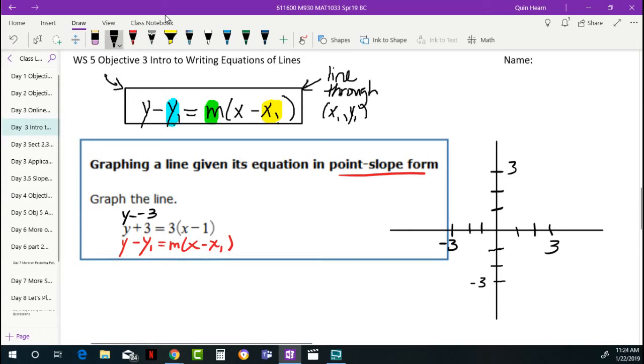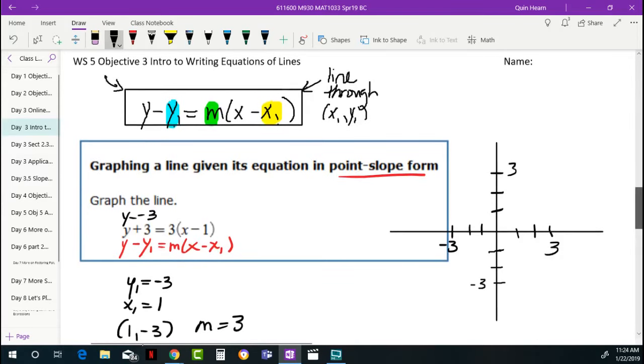So what's actually being subtracted on the left, or in other words, the y coordinate that we're looking for is negative 3. The x coordinate is just a 1. x1 is a 1. So we're being told that the line goes through the point 1, negative 3, and then the slope matches up with the 3 there. So you could use the point slope form, plot the point 1, negative 3, and then use the slope of 3 to find your next point.